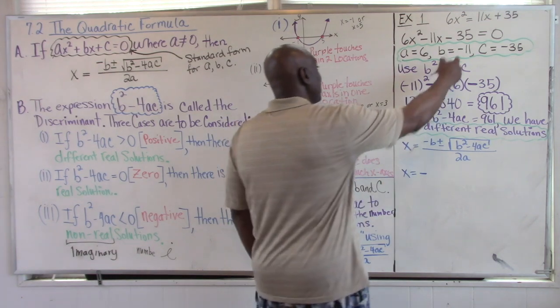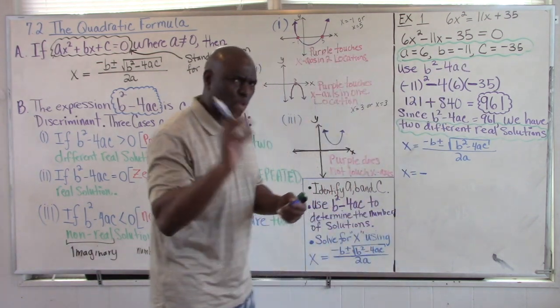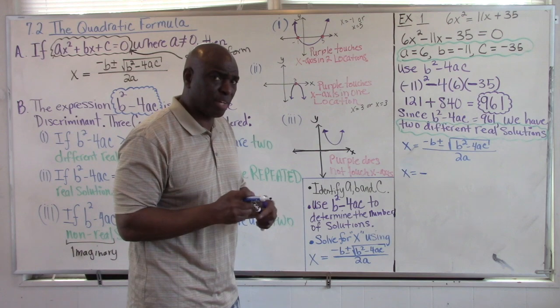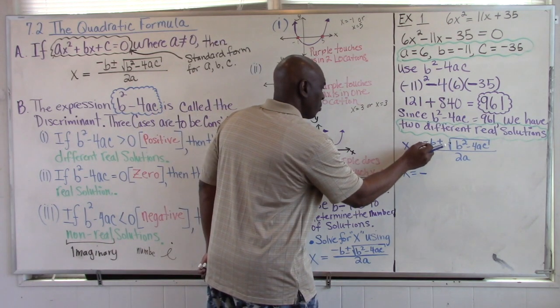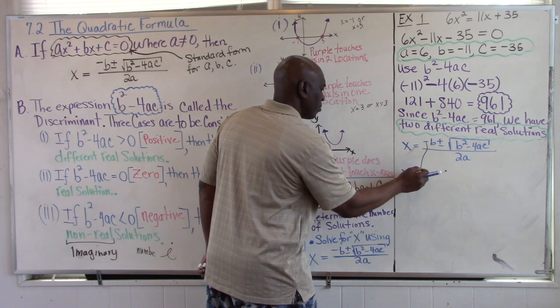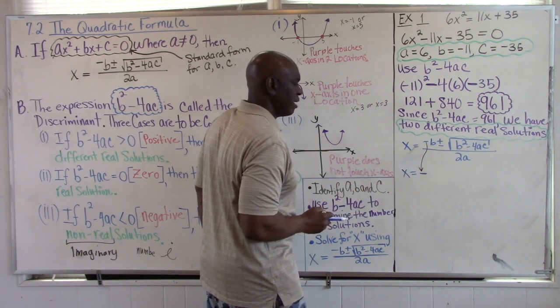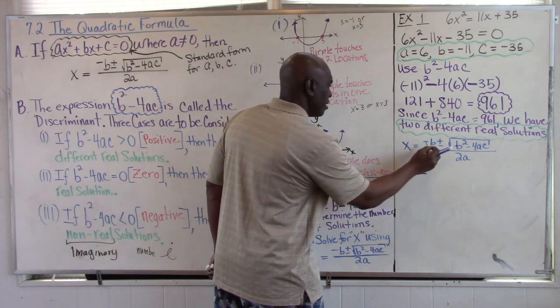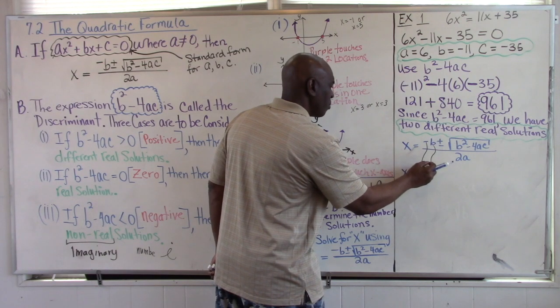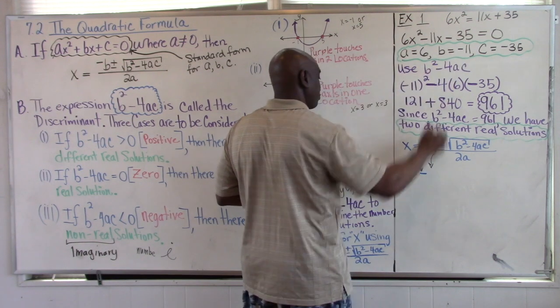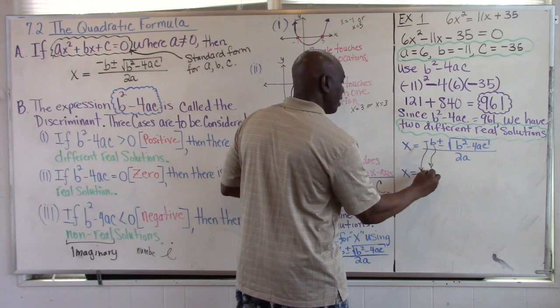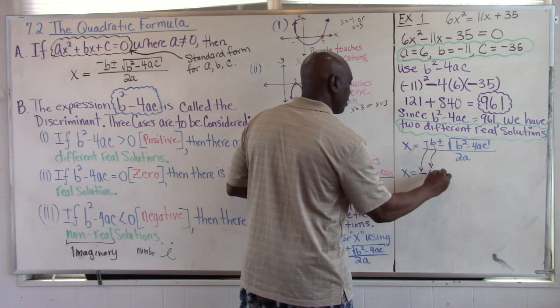So x is going to equal negative b. What is b? Watch that. Be very careful right here. This negative, bring it straight down. And then b, what is b in our case? B is negative 11. So it's the negative of negative 11.